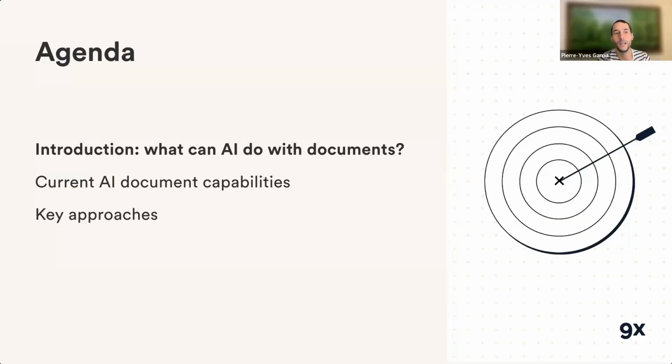So what we've planned for today, three parts. First, we start with a quick overview of what is currently possible today with AI when it comes to working with documents. We will then look at the different techniques that you can use to interact with the documents using AI. And finally, we will focus on the two key approaches and the corresponding technical infrastructure that you can leverage when it comes to building document-based AI functionality.